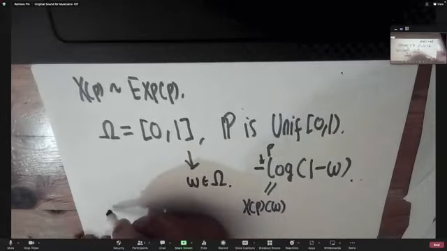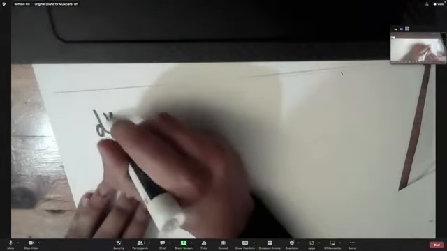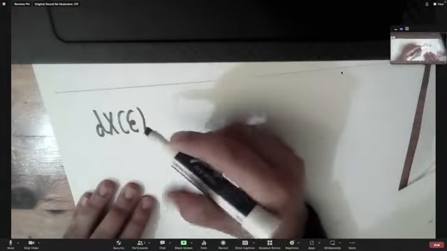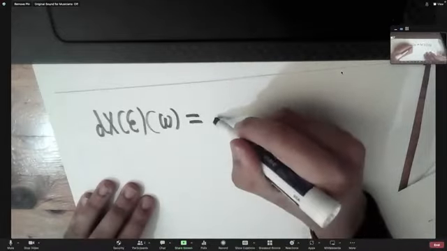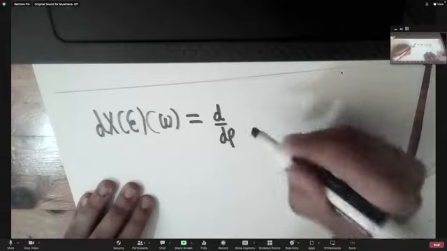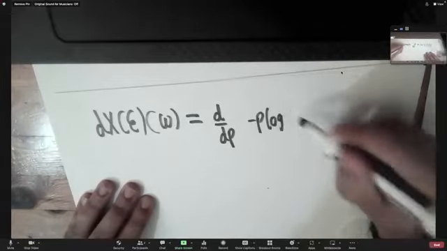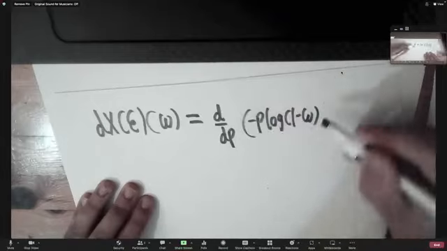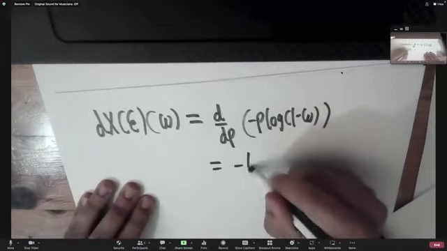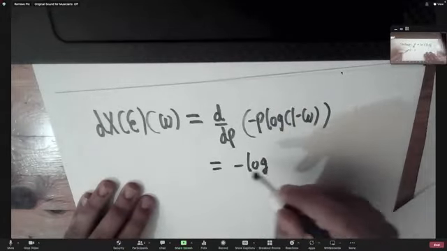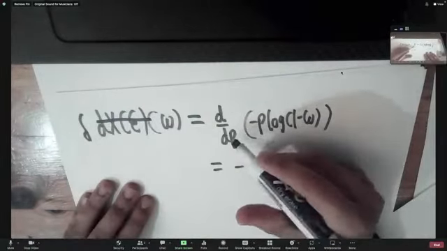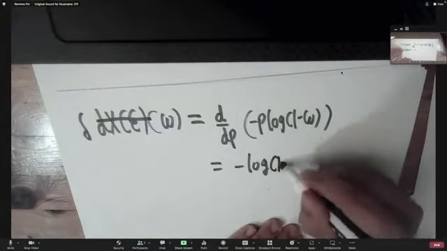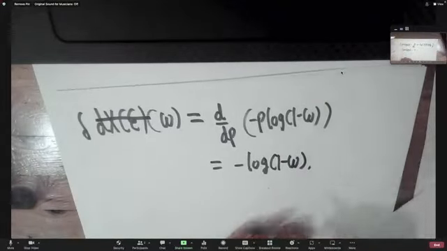So dx of epsilon is a random variable, which, given a probability space, is just a map taking in omega, and it's d by dp of negative p log of 1 minus omega, which is equal to negative log of 1 minus omega. This is delta of omega, since I'm taking the derivative. So delta of omega is negative log of 1 minus omega. So this is your random variable.